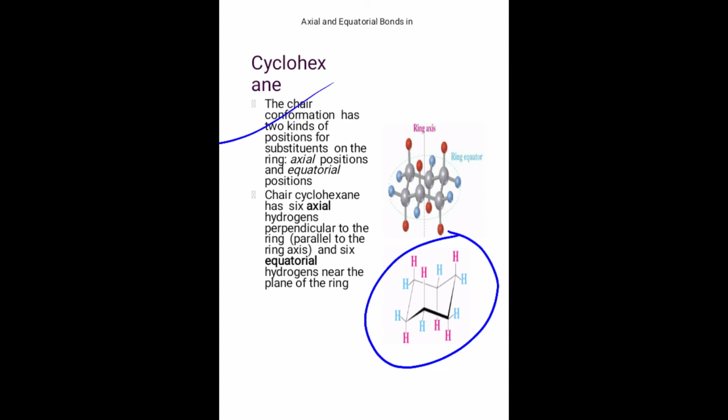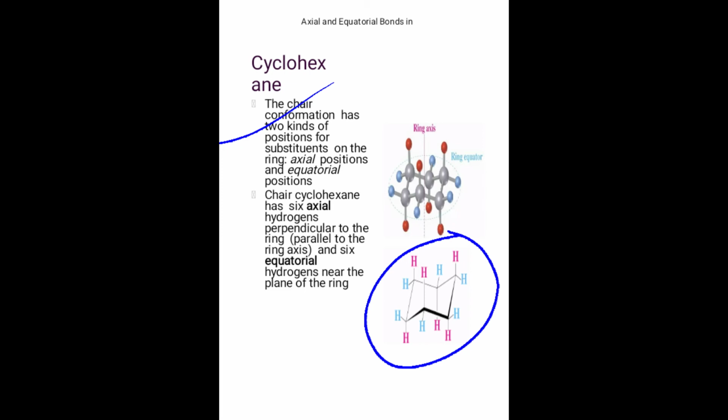The chair conformation has 2 kinds of substituent positions. One is the axial position and another one is the equatorial position. Chair cyclohexane has 6 axial hydrogens and 6 equatorial hydrogens near the plane of the ring. Cyclohexane means 6 carbons, 12 hydrogens.